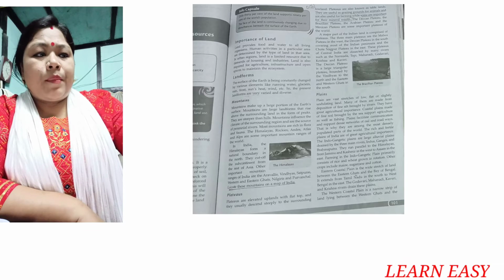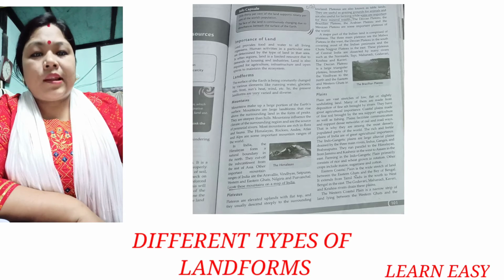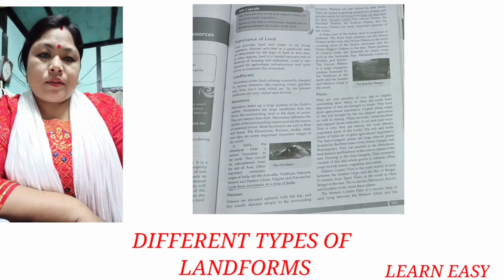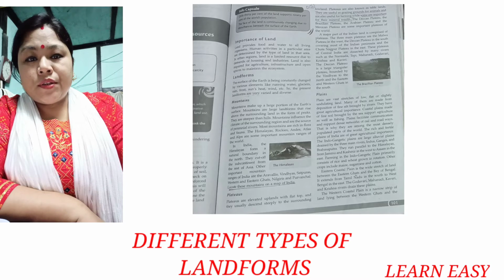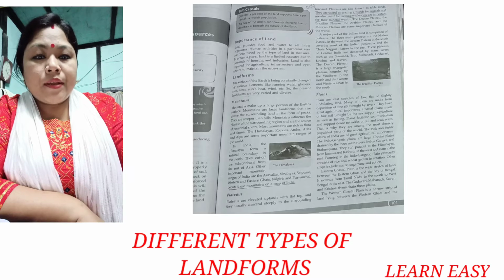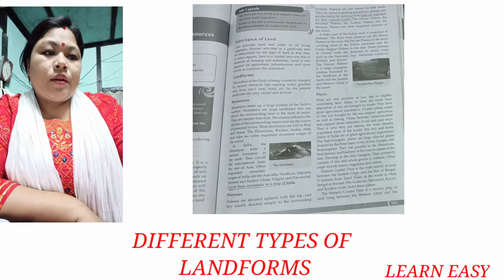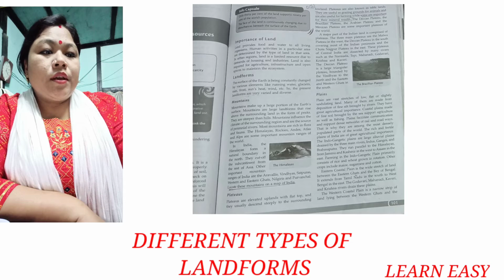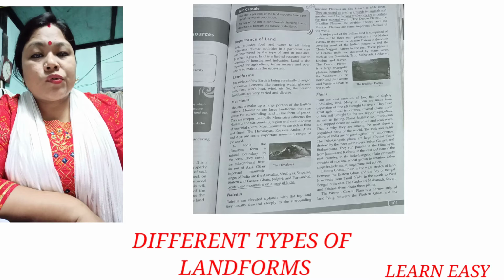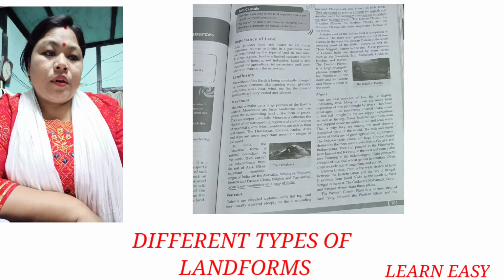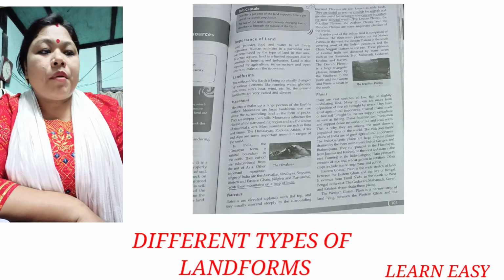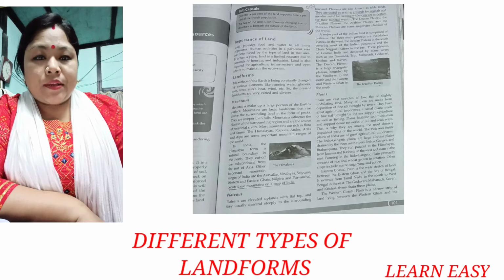Let me now talk about the different types of landforms. There are different types of landforms on the earth's surface, such as mountains, plateaus, plains, etc. Mountains influence climate and are also a source of perennial rivers, because a large portion of the earth's surface is covered with mountains in the form of peaks.